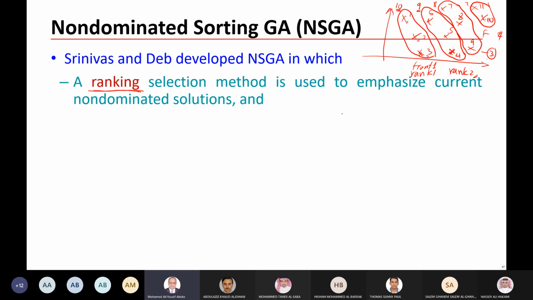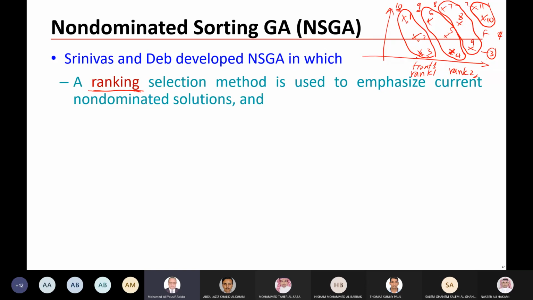Of course, if I take x1 and x2, if I have 1 and 2, what should I do? For the time being, you can say I will select any one of them. They are non-dominated solutions with respect to each other, so I will select any one of them.